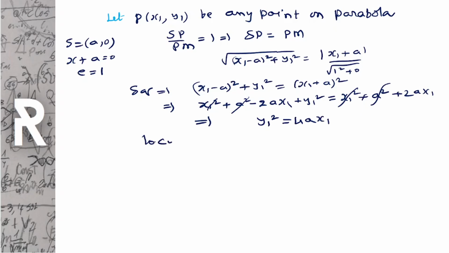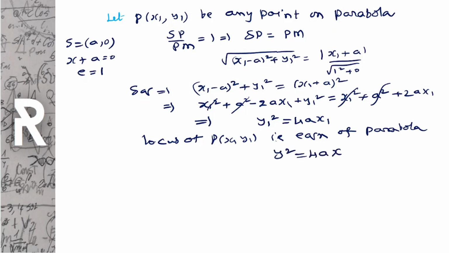The locus of P(x1, y1) is the equation of the parabola, that means y² = 4ax.